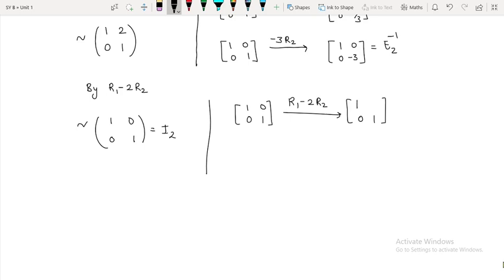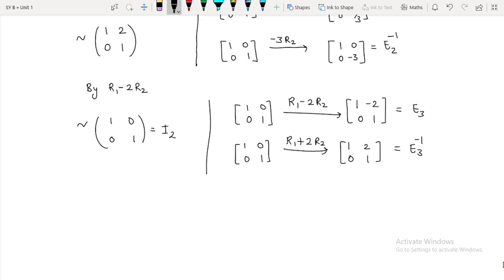What about this row? 0 minus 2 multiplied by 1 is minus 2, and this is my E3. Now I want E3 inverse, so I will perform the inverse elementary row operation, that is R1 plus twice R2, and what are you going to get here? So second row will be unchanged. What about the first row? This is going to be 1 only, and this is going to be 2, and this is our E3 inverse.